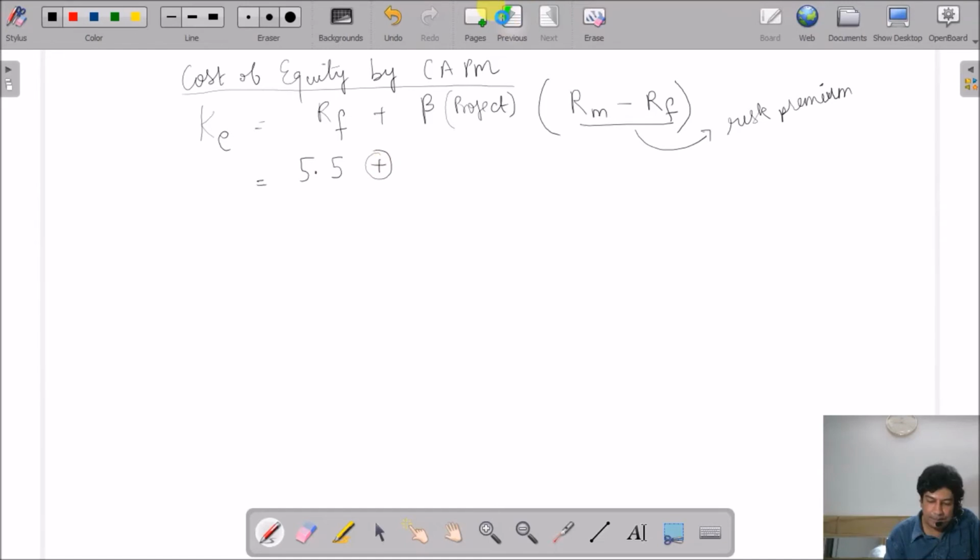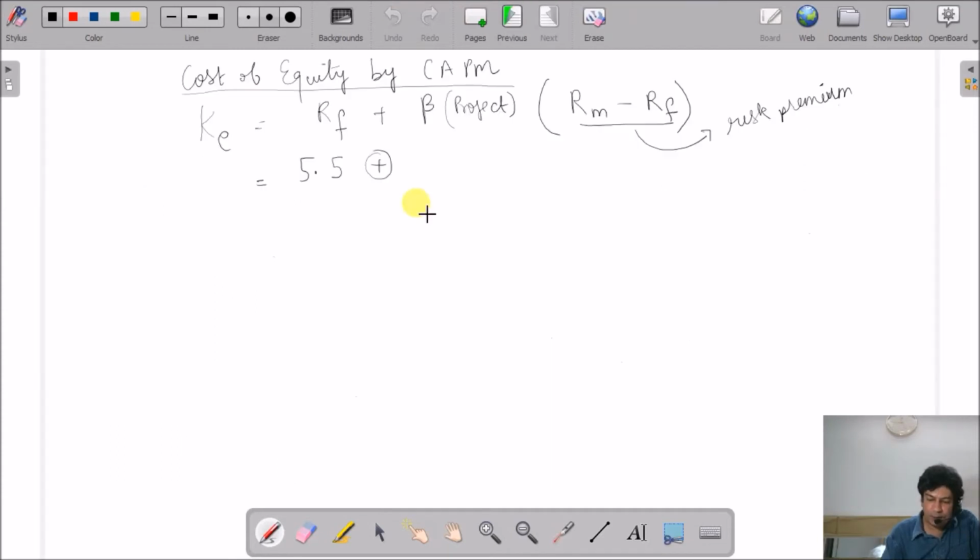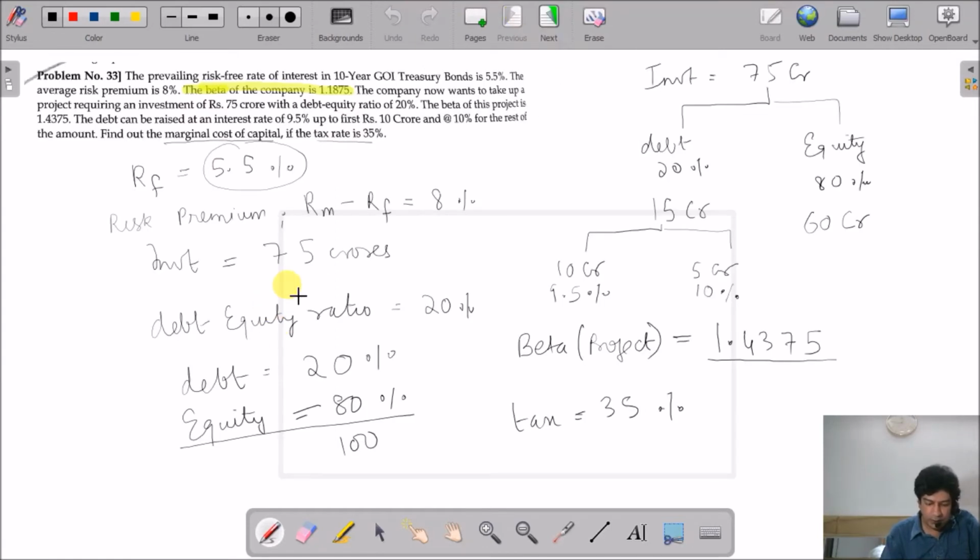Then the beta of the project is 1.4375. So 1.4375 is the beta of the project, and this entire RM minus RF, that is the risk premium, they have already given to us, and the risk premium which they have given is 8%.